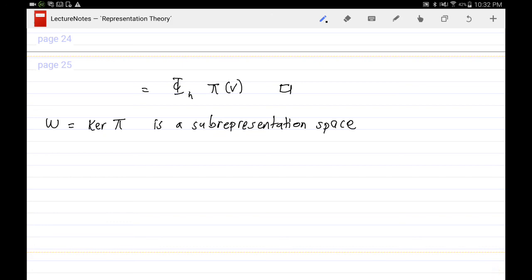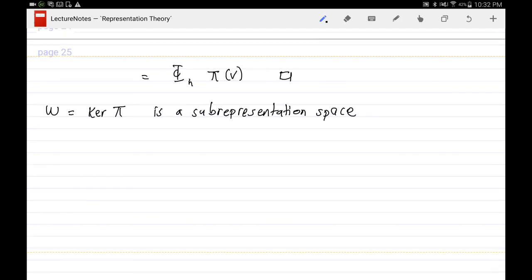Now, by the rank-nullity theorem, we then have Maschke's theorem. Why?